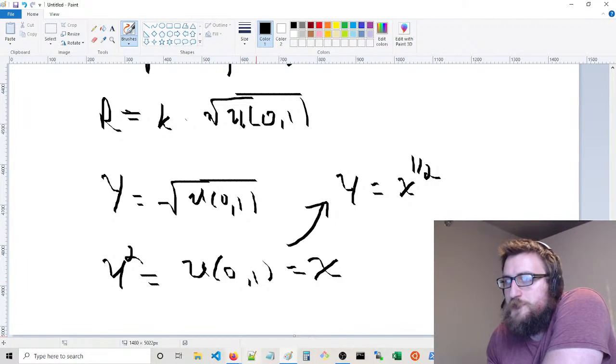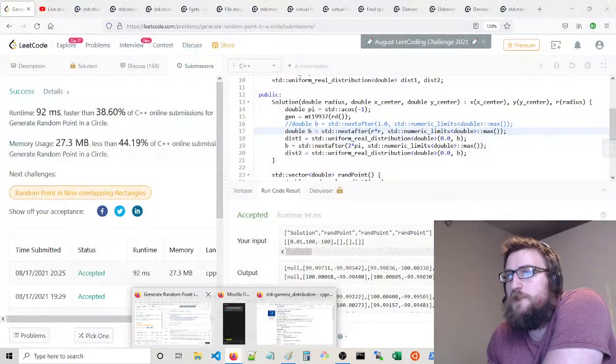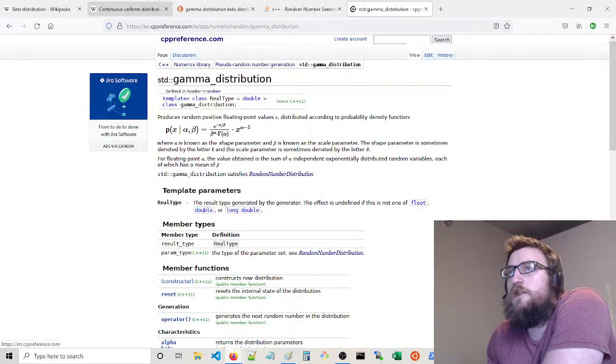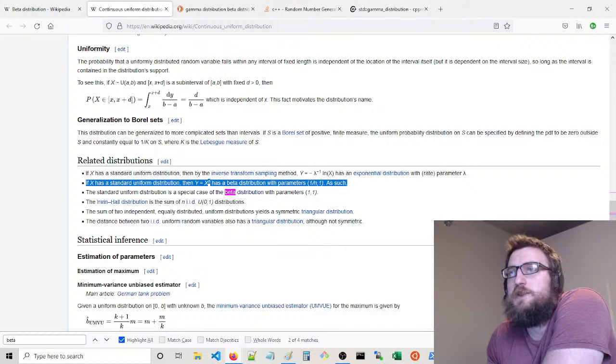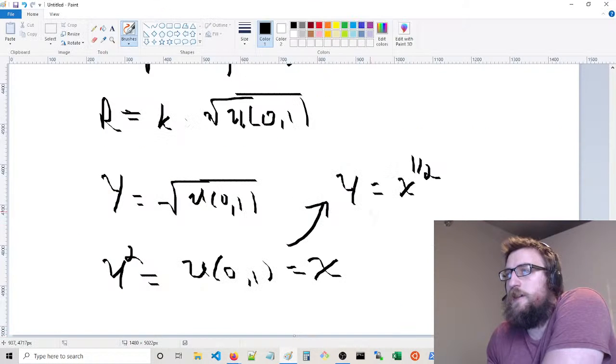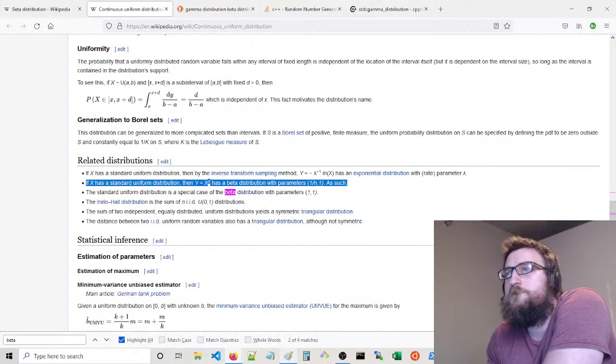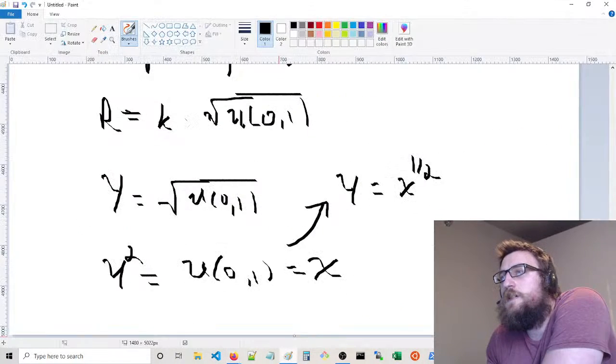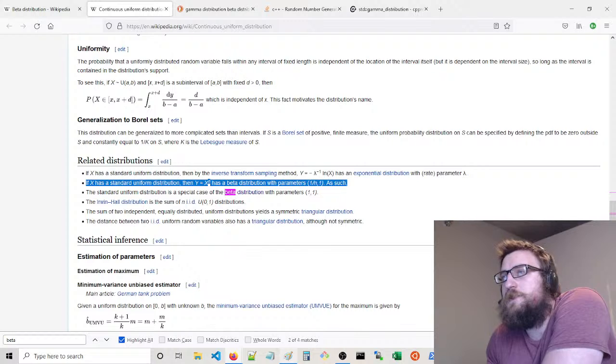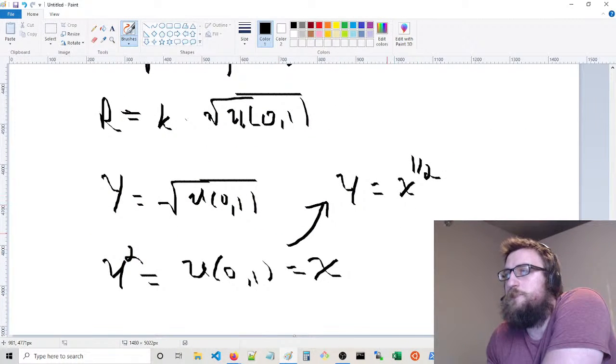If x has a standard uniform distribution, then y equals x raised to the n, has beta distribution with parameters 1 over n, 1, which means that y equals beta of 2, 1.